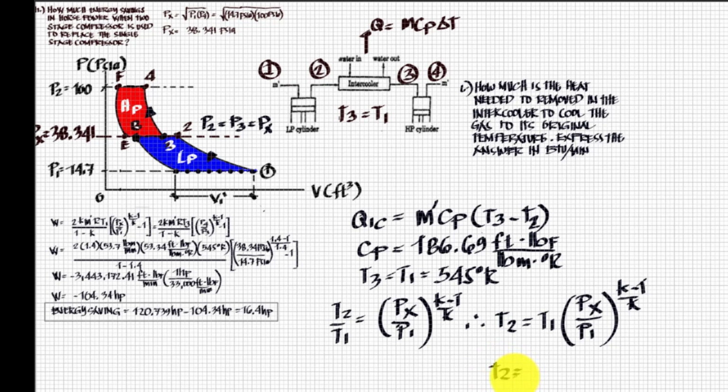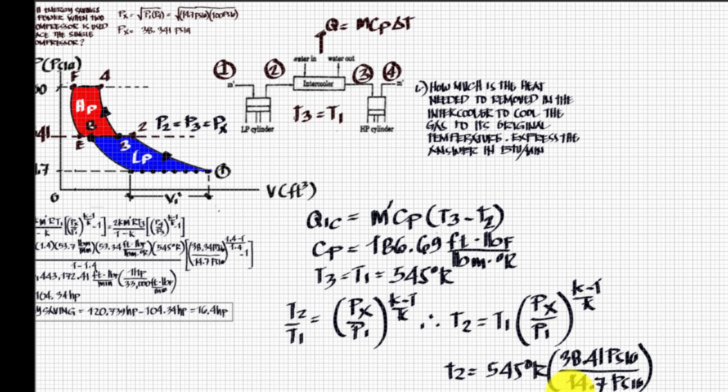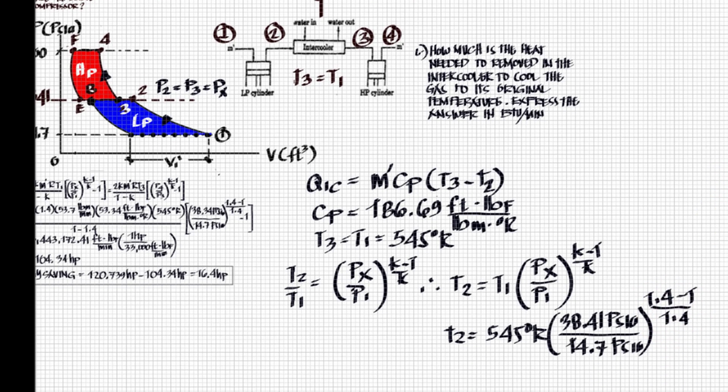Now, let's substitute the values. Your T1 will be 545 degrees Rankine, multiplied by the intermediate pressure, 38.41 psi absolute, all over P sub 1, 14.7 psi absolute, raised to 1.4 minus 1 all over 1.4.